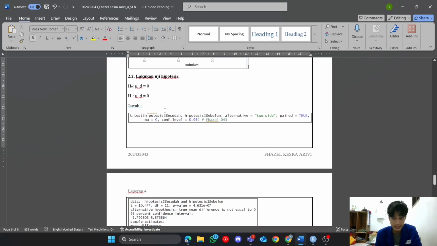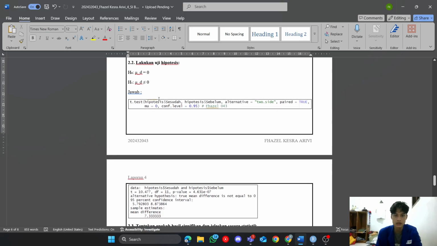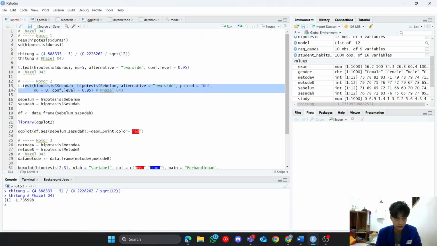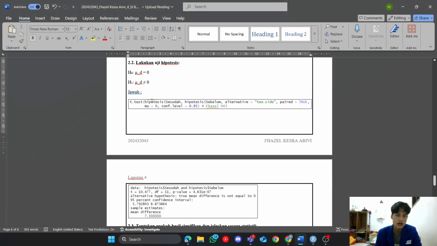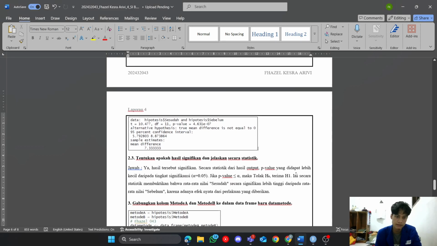And we test the hypothesis. So H null is mu equal 0, and the alternative hypothesis is not equal to 0. So with this syntax, t-test, sesudah and sebelum, what is the alternative, what is the pair, true or false, what is mu, and what is the confidence level, we got the result like this.